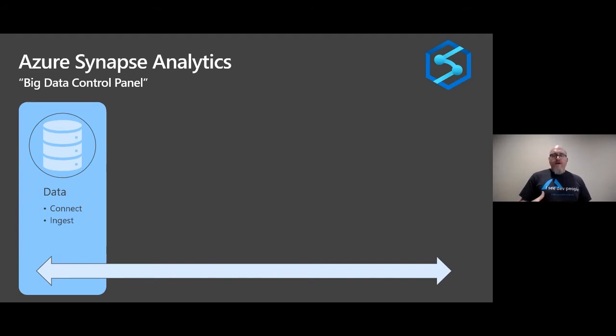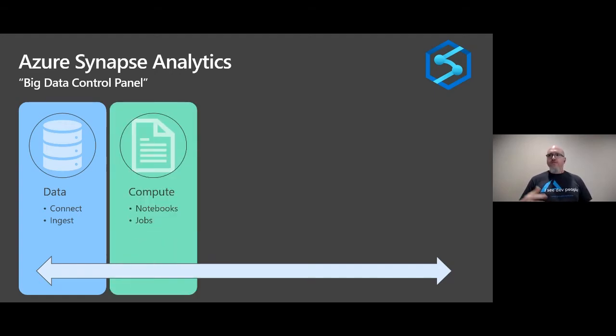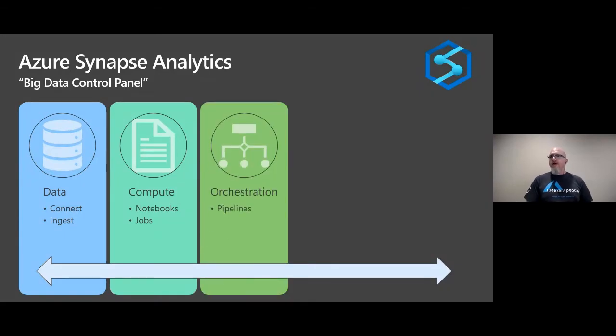It basically provides a way for you to connect to different data sources and pull that data in. It gives you the opportunity to compute, and that's defining jobs that you submit, as well as use notebooks, which is the experience I'm going to show you.